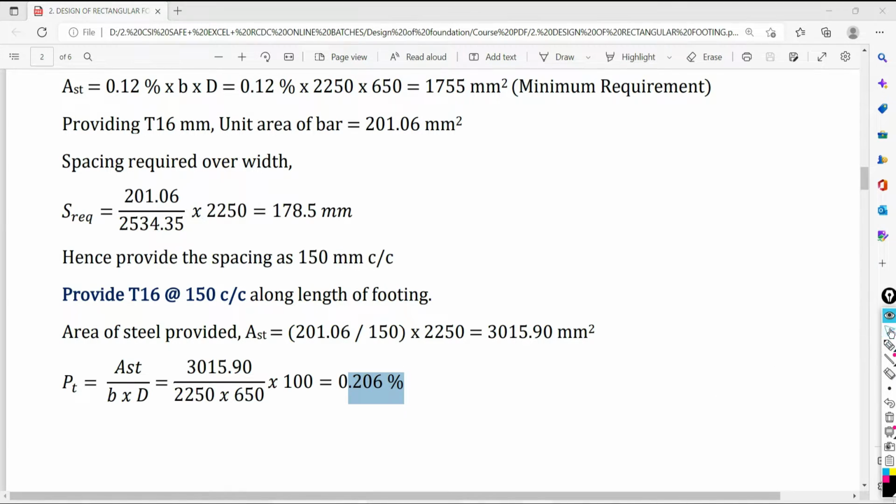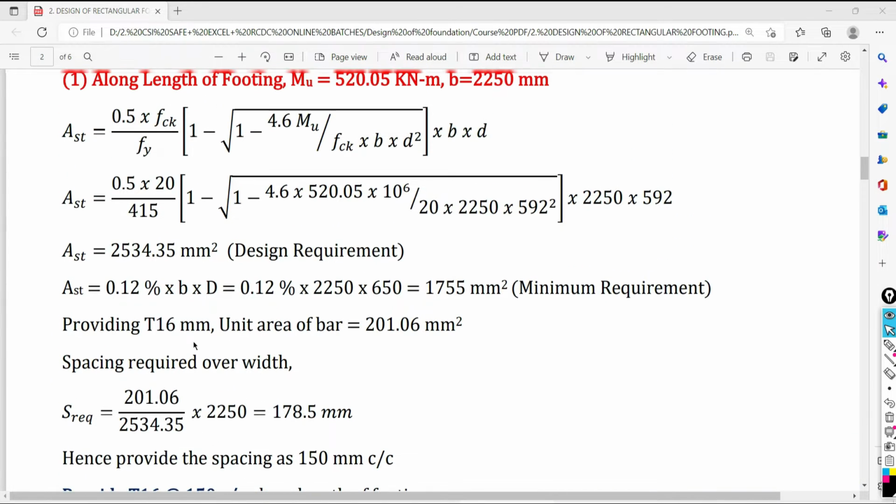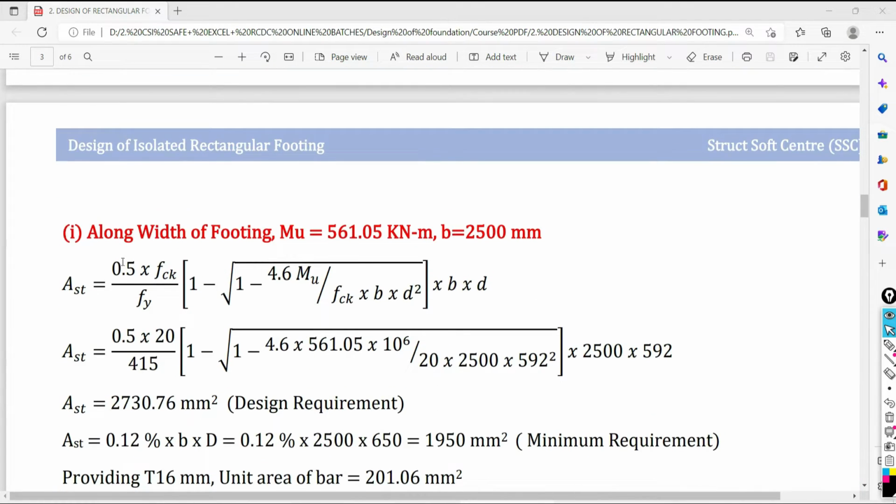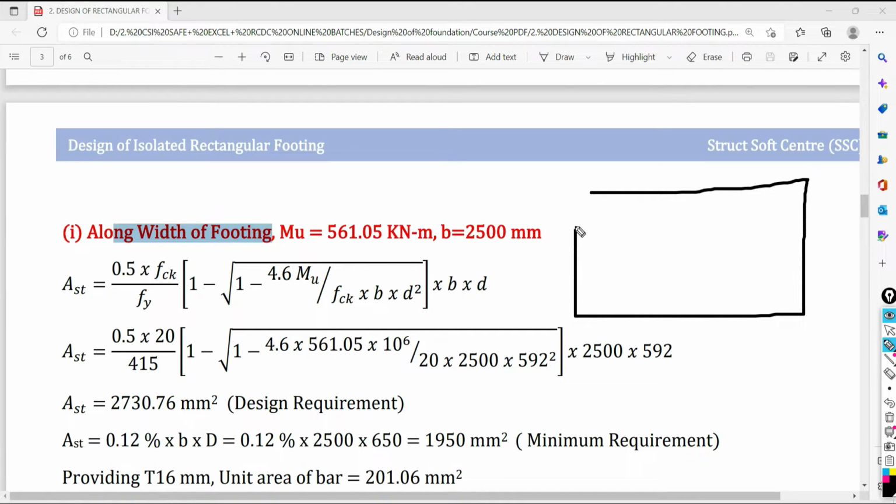Hope that you all understood how to do the calculation of the reinforcement along the length of the footing over the width. Now the same calculation we have to do for the reinforcement along the width of the footing over the length. Suppose this is your foundation and there is the presence of this column, and we have calculated the moment along the width.